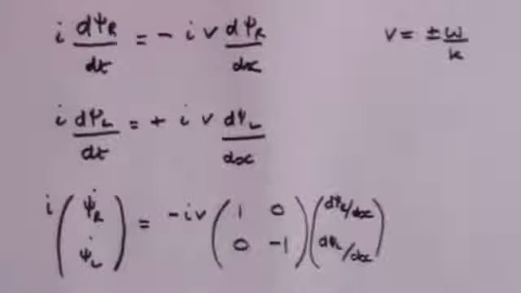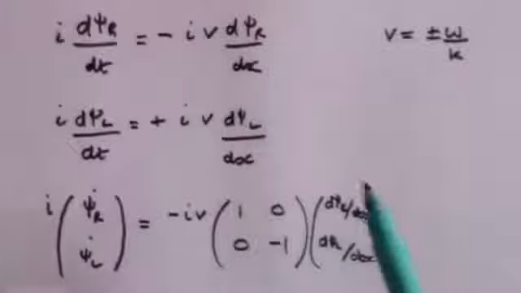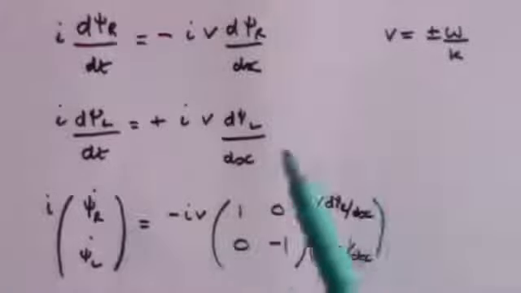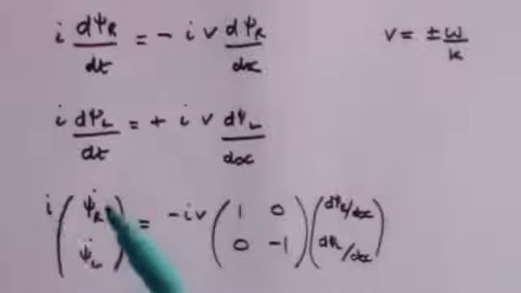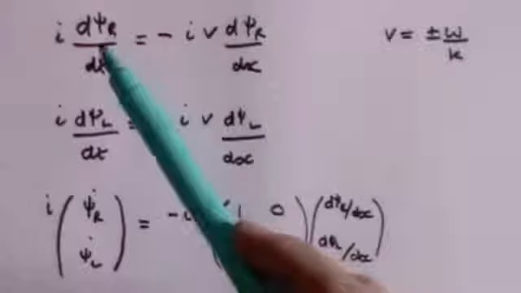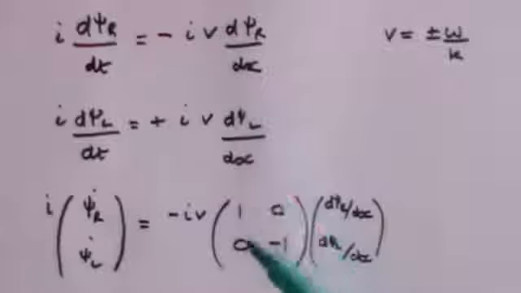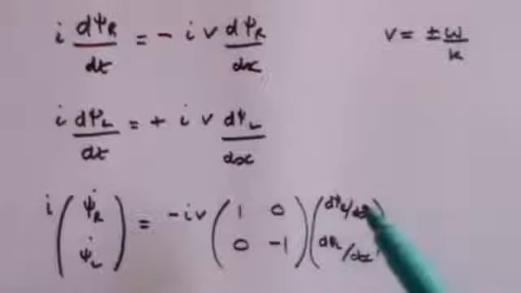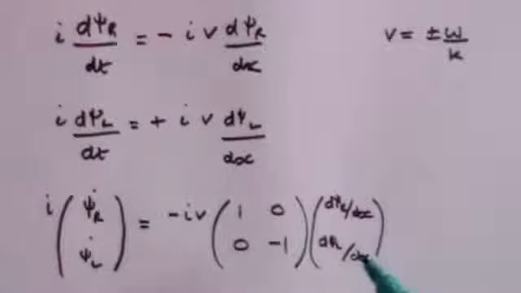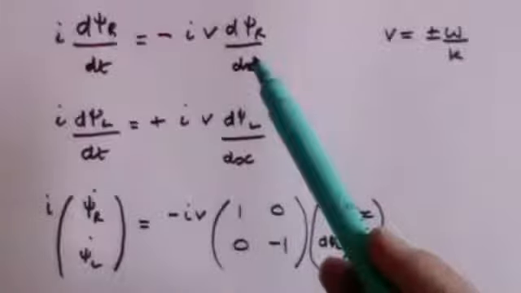And if you multiply those through, taking the top and the bottom, you'll find that you'll get these formulae. i times psi right dot is equal to minus iv into 1 times d psi right by dx plus 0 into d psi left by dx. And that simply gives you the d psi right by dx.